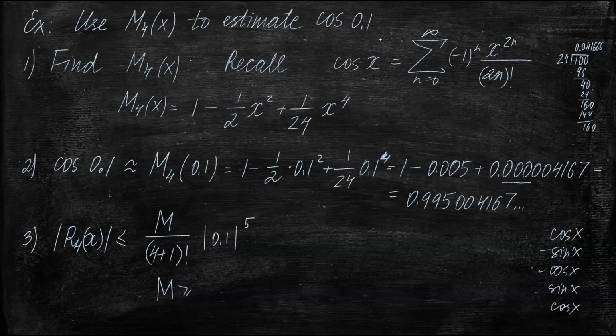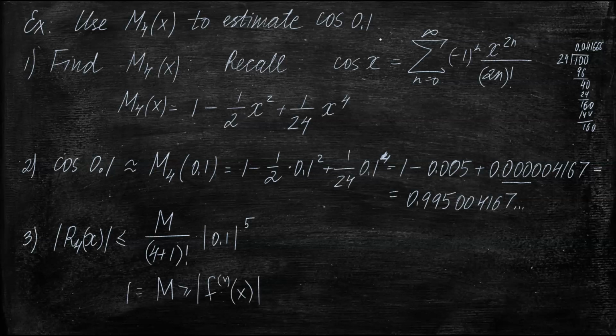But it doesn't matter which derivative we're looking at, that derivative will never be greater than 1, so we can easily replace M with just the value 1, because any derivative of sine or cosine on any interval will always be bounded by 1.